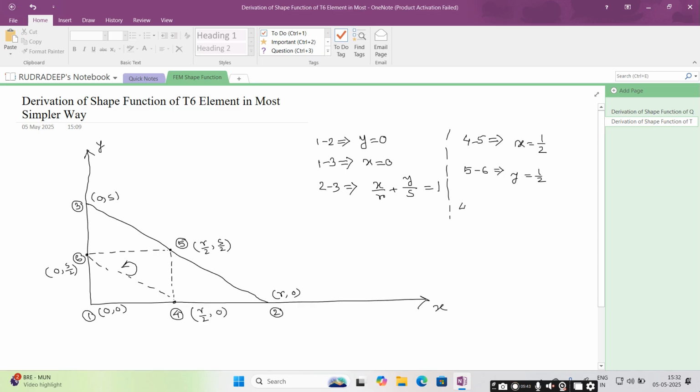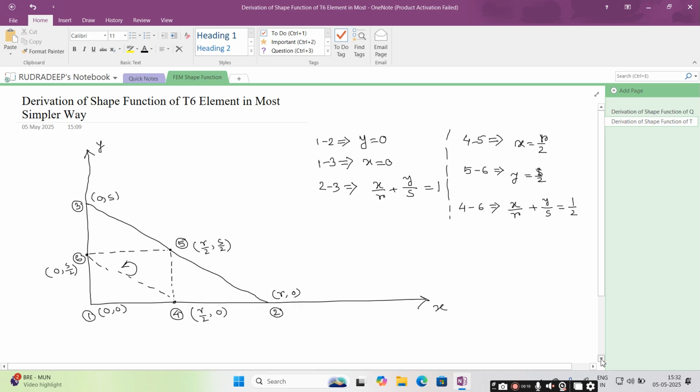And for the 4 6 line, the equation will be x by r plus y by s equal to half. So I have all the equations of those lines.